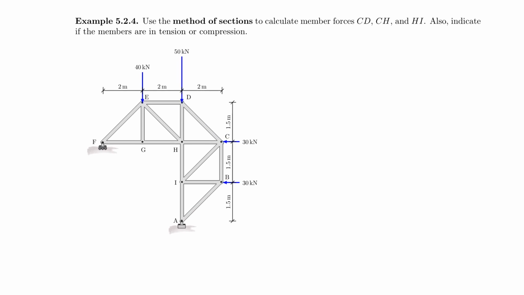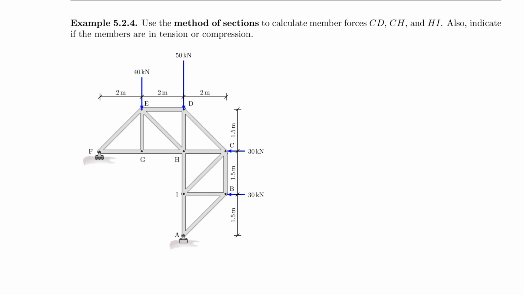And here we're gonna calculate the members CD, CH, and HI. So I have to identify those. CD would be right here. So CD is right there.